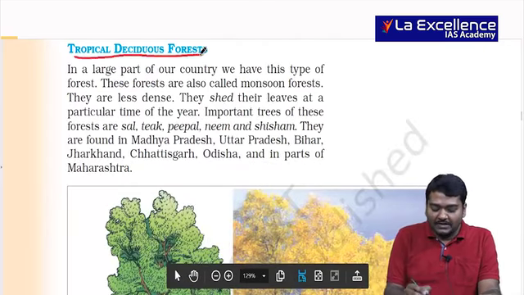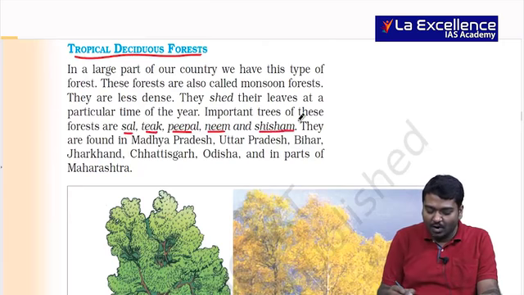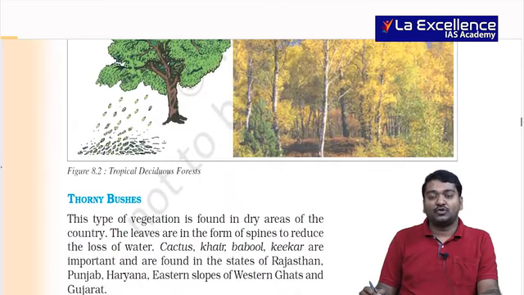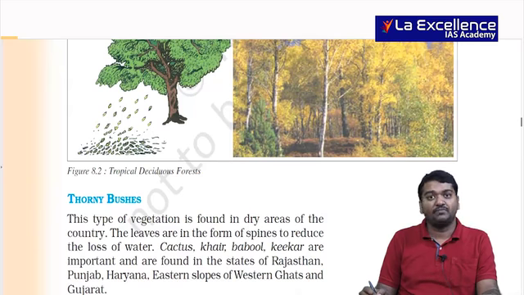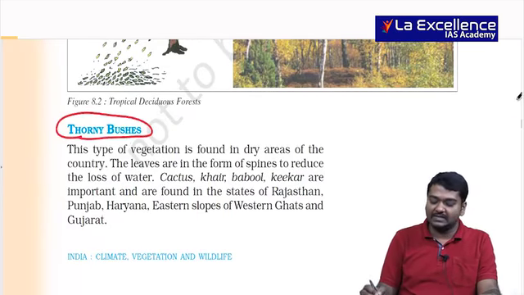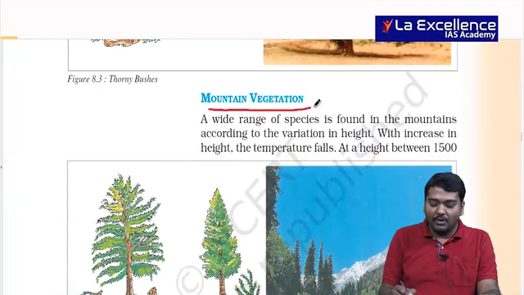Then you have tropical deciduous forest, usually teak, sal, peepal, neem, shisham, all these are part of it. India, monsoonal type of climate, moist deciduous forests are usually present more. You have thorny bushes, grasslands and deserts, bushes are usually present. Then you have mountain vegetation.